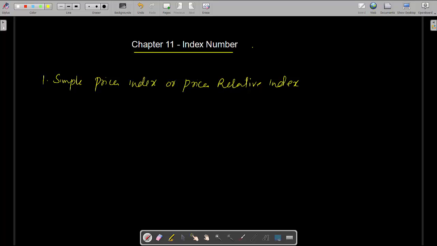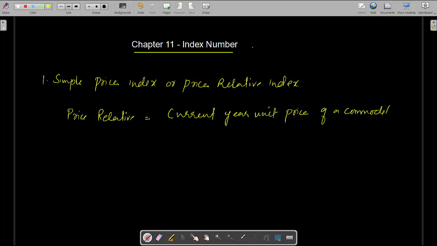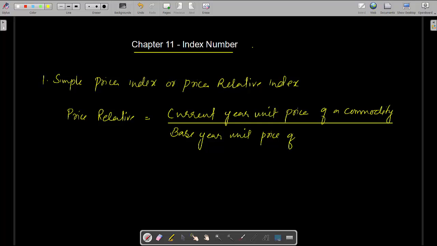That is current year unit price of a commodity divided by base year unit price of a commodity, multiplied by 100. So this is the formula to calculate price relative.